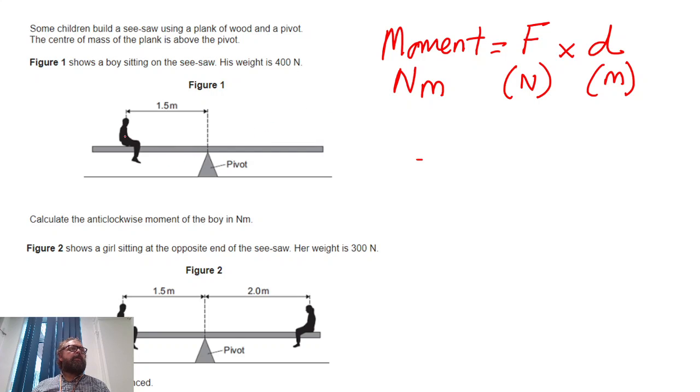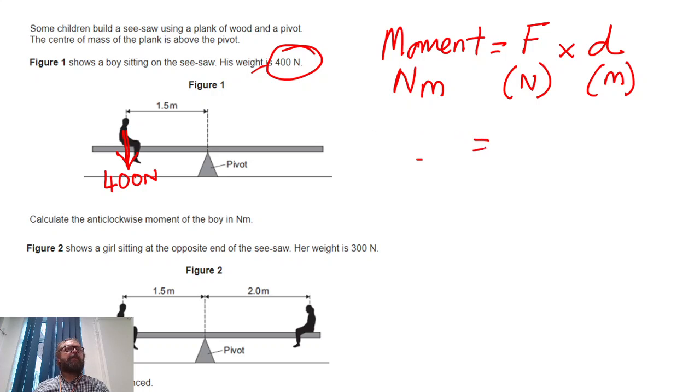It says anti-clockwise because if you imagine this individual's weight is the force which is acting down this way, it tells you that his weight is 400 newtons, and the perpendicular distance, the distance at right angles to the pivot, is 1.5 meters.